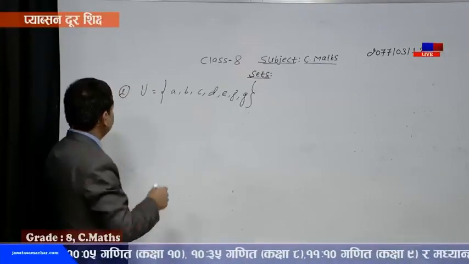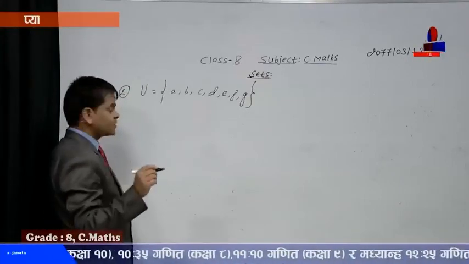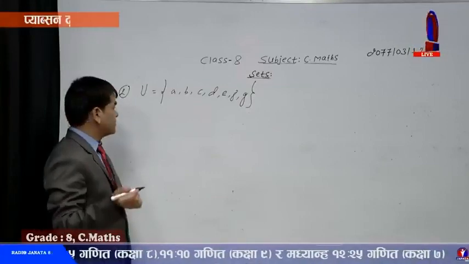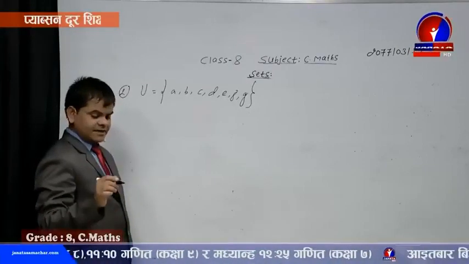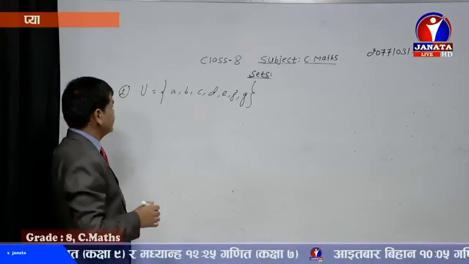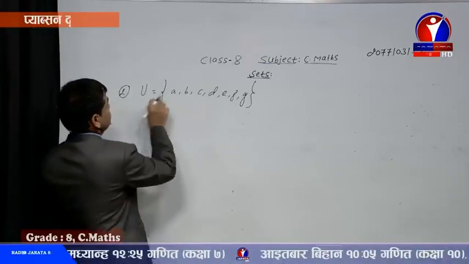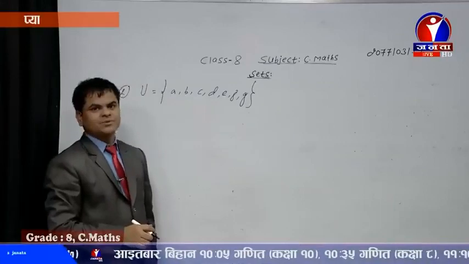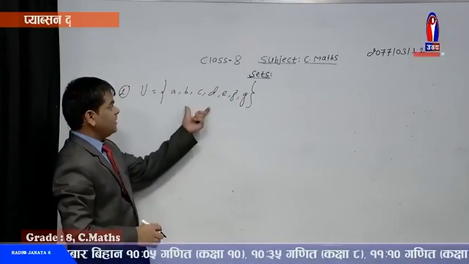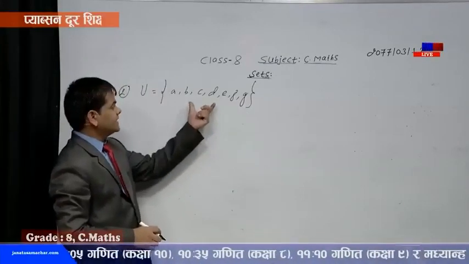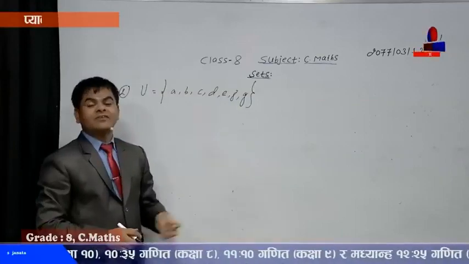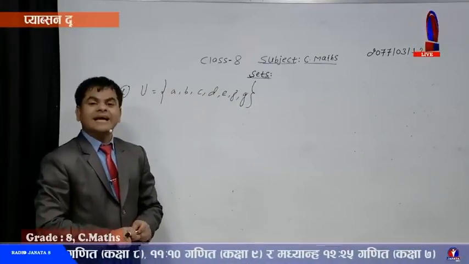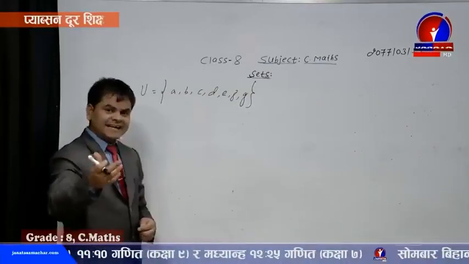You can take the help of your elder brother, sister, other relatives, and even the teachers if they are in contact. So the universal set I am going to write as A, B, C, D, E, F, G, up to G only. That means in the upcoming subsets, we need to present up to G only. We cannot write elements exceeding G.